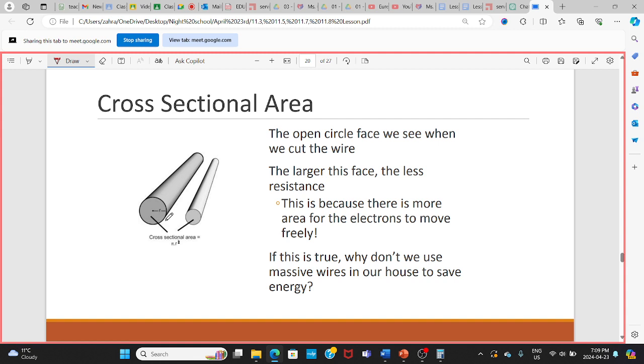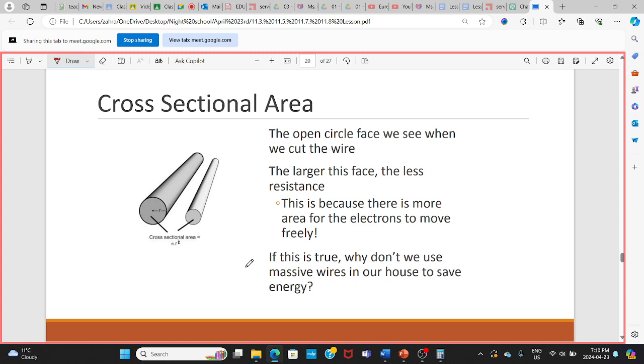Why do we not use massive wires? Because they become very heavy, right? They are also expensive and not convenient. We don't want a very big cross-sectional area. That's why you make it reasonably small.